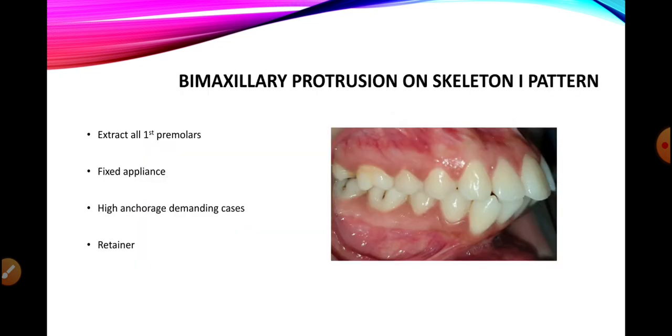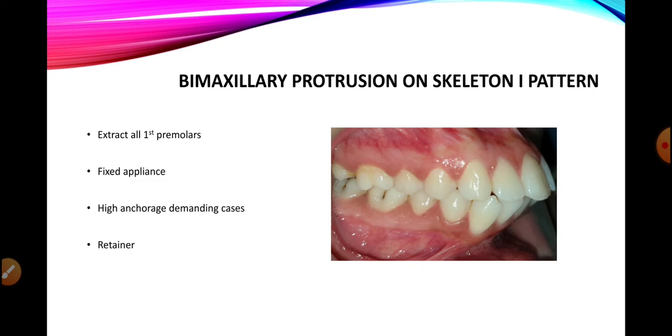So now moving to another important component of class 1 malocclusion and its treatment, that is bimaxillary protrusion on a skeletal 1 pattern. What bimaxillary protrusion basically is, is that both the upper and the lower incisors are proclined, and they are causing a class 1 malocclusion.